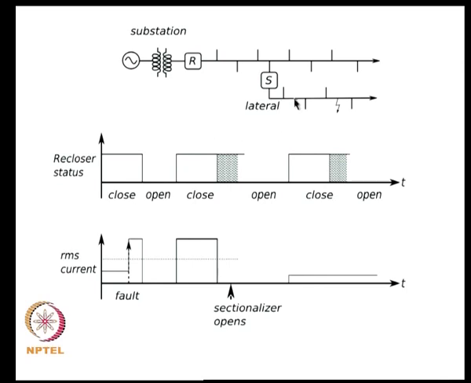Suppose you have this recloser with 2 reclose cycles, and say this sectionalizer is counting for 2 current pulses. Okay. So, in this particular case, you have say a permanent fault occurring at this particular location, and at the initiation of fault at time t naught, you end up with 1 current pulse flowing through the sectionalizer.